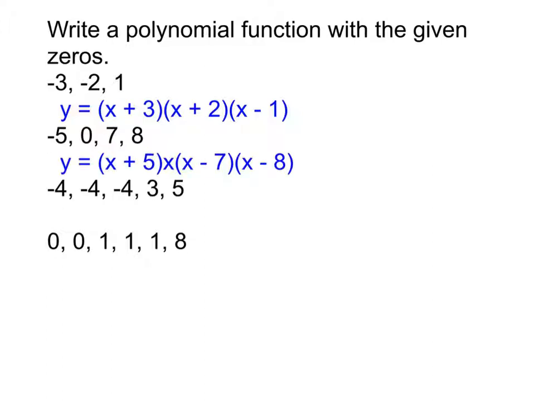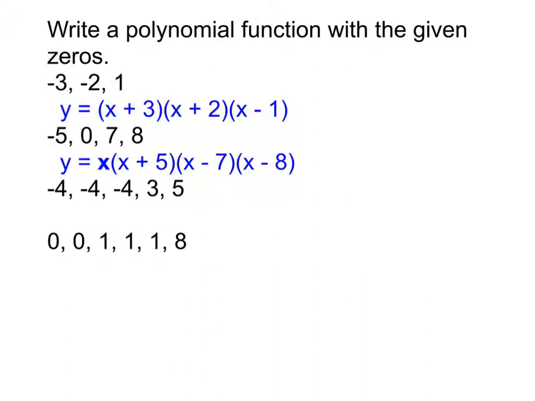For the second one, when I just start plugging those in, the 0 might have thrown you off a little bit. Remember from the last set of problems that we did, when it was just a plain old x with nothing added or subtracted to it, it just gave us 0. So that's why it's just plain old x. But I don't really like leaving it stuck in the middle like that. That's not the way that we normally would leave such a thing.